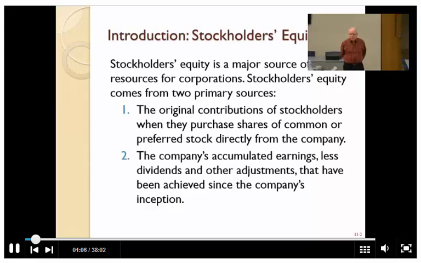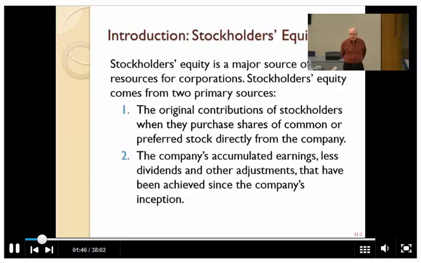Now, with the corporate form of business organization, the ownership portion of the business is broken into two accounts, or two parts. The first is contributed capital, where the company, through an underwriter, goes out and offers shares of stock to individuals who purchase the stock, and under this type of transaction, the corporation actually receives the money.